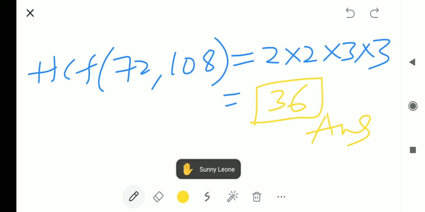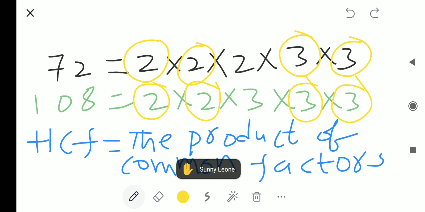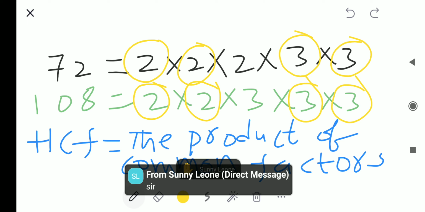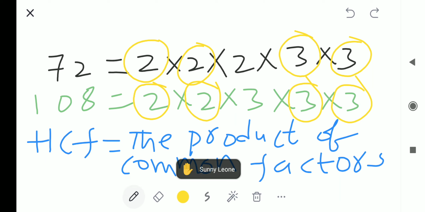When you want to find the HCF using prime factorization method, we have to express the given numbers as a product of primes. When you want to find the LCM of the numbers, you have to express the given numbers as product of powers of primes. Okay, children? Thank you.